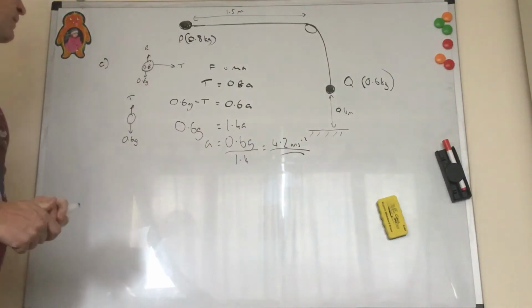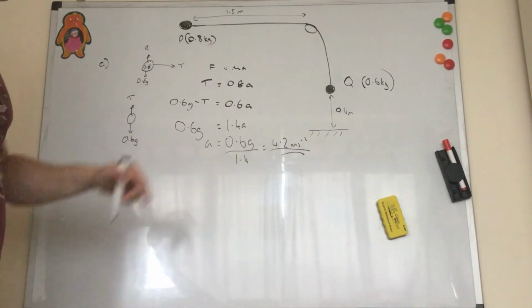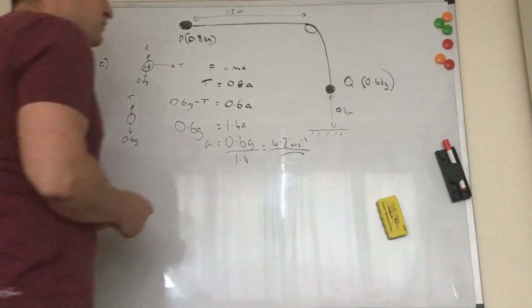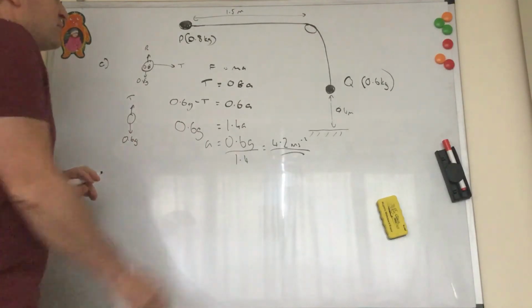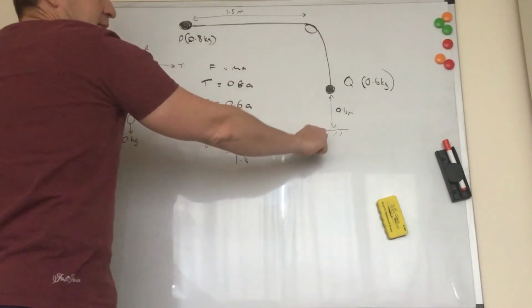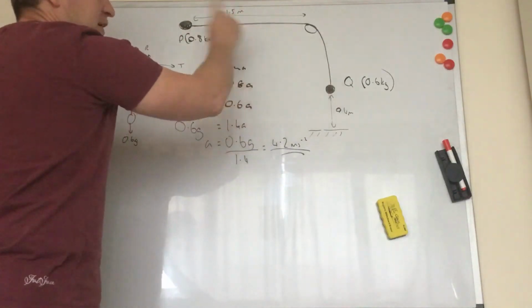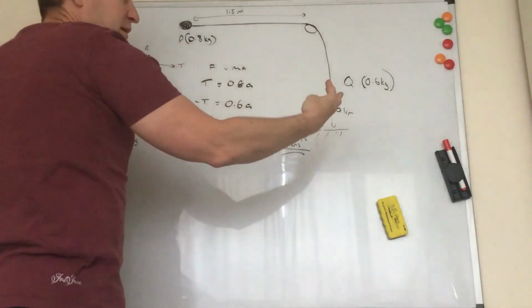Part B says find the time taken for P to hit the pulley. First of all, we need to take the time taken during the acceleration phase. It's going to accelerate for the time it takes for Q to hit the floor. Once Q hits the floor, there's no tension left in the string, there's nothing pulling it forward. It will just carry on moving at the same speed.